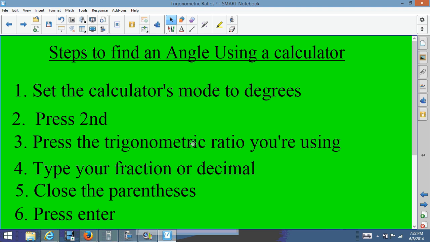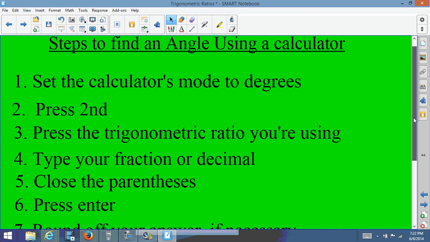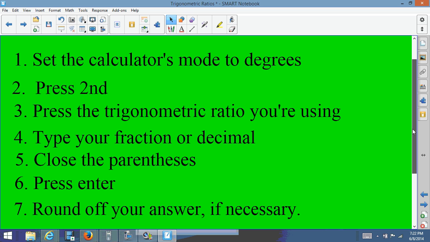Step 4, type your fraction or the decimal. Step 5, close the parentheses. Step 6, press enter. And the final step, sometimes you have to round off your answer if it's necessary. So those are the 7 steps that you need to do in order to find the angle using your calculator.